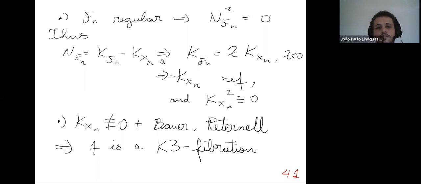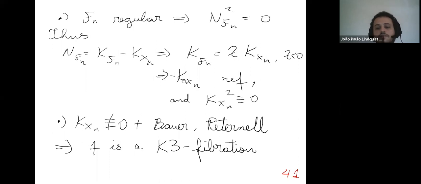So I can use Hodge theory to show that these two divisors are dependent. One is a multiple of the other. And I can show that in our case, this is the case. K_{F_n} is lambda K_{X_n} for lambda negative.